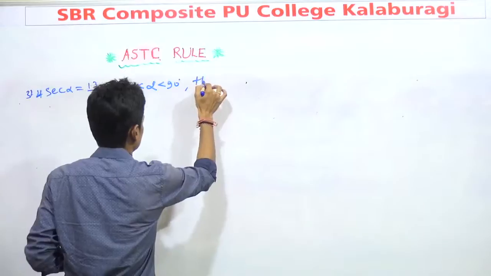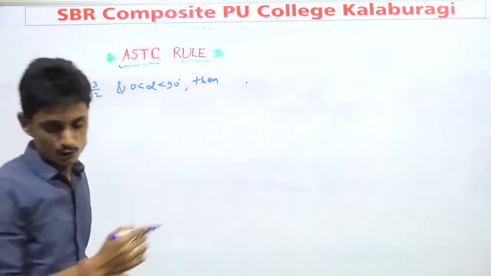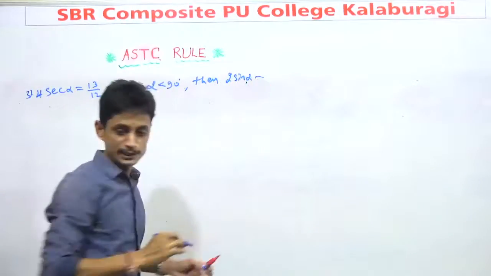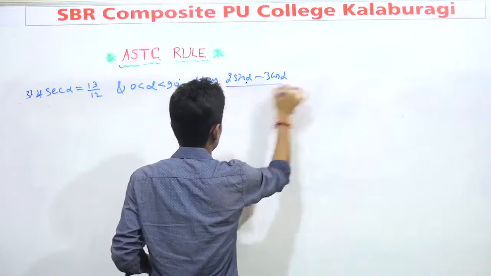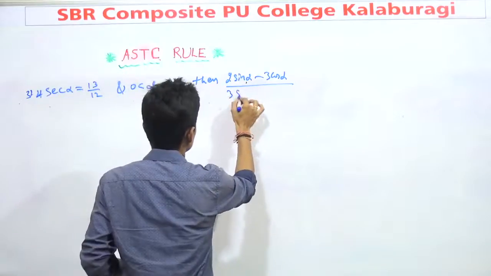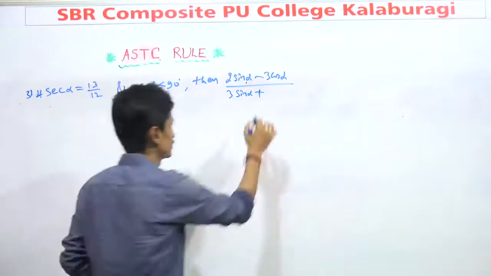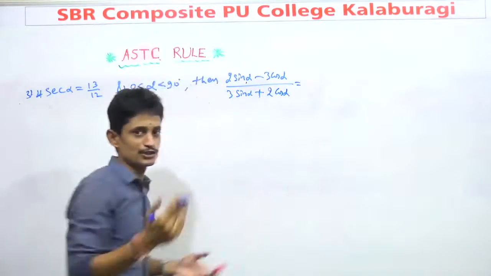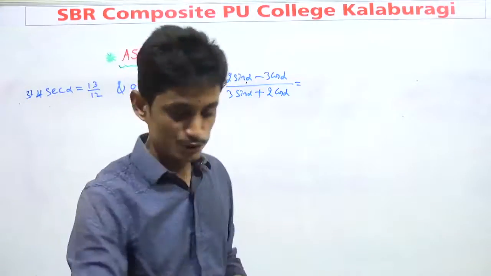Find, instead of find, in that question we will give 2 times sine alpha minus 3 cos alpha upon 3 sine alpha plus 2 times cos alpha equal to, and 4 options we will get. But here I will not give any option, we just have to solve.